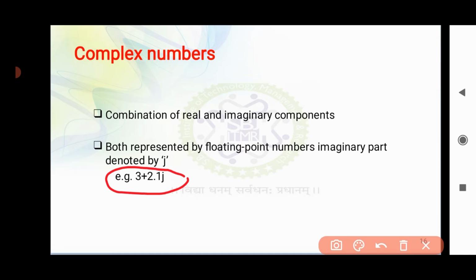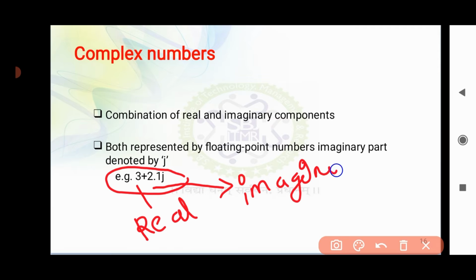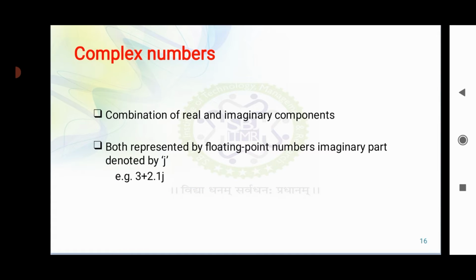This is an example of a complex number. Now what does 3 stand for? 3 stands for the real part of the expression, whereas 2.1 will be considered the imaginary part. So a complex number is a combination of real as well as imaginary components, isn't it? So this is how complex numbers work in Python.